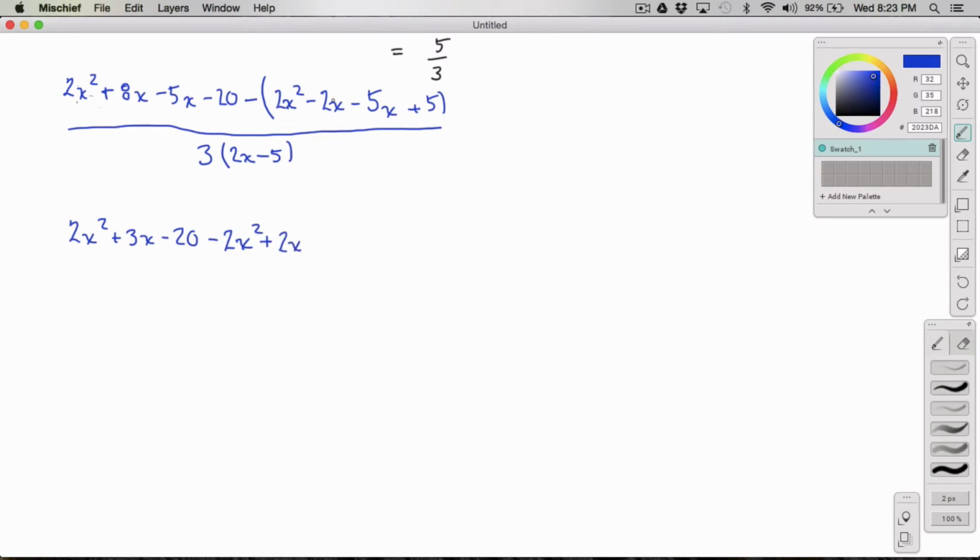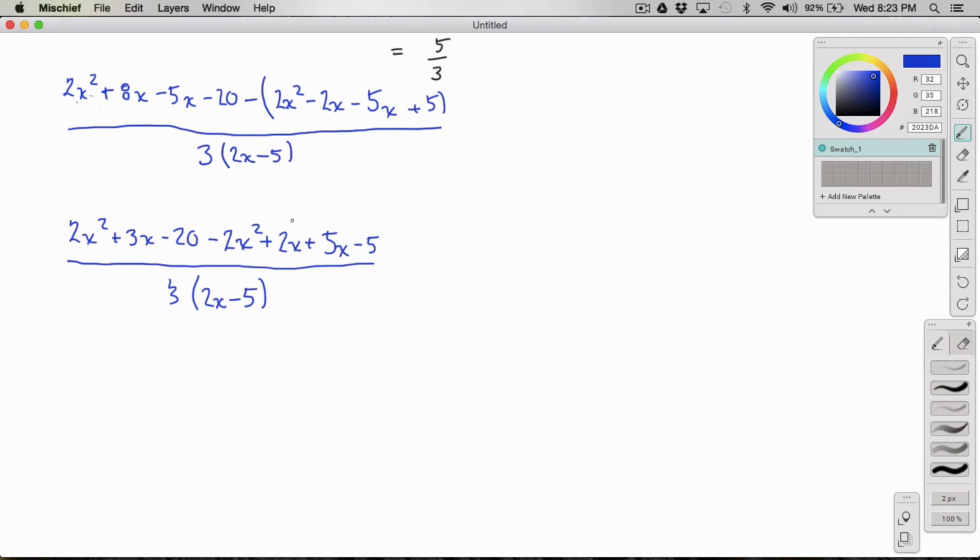Minus a negative 5x is plus 5x. And then a minus positive 5 becomes a minus 5. Take that quantity, and I'm going to divide it by 3 times 2x minus 5.